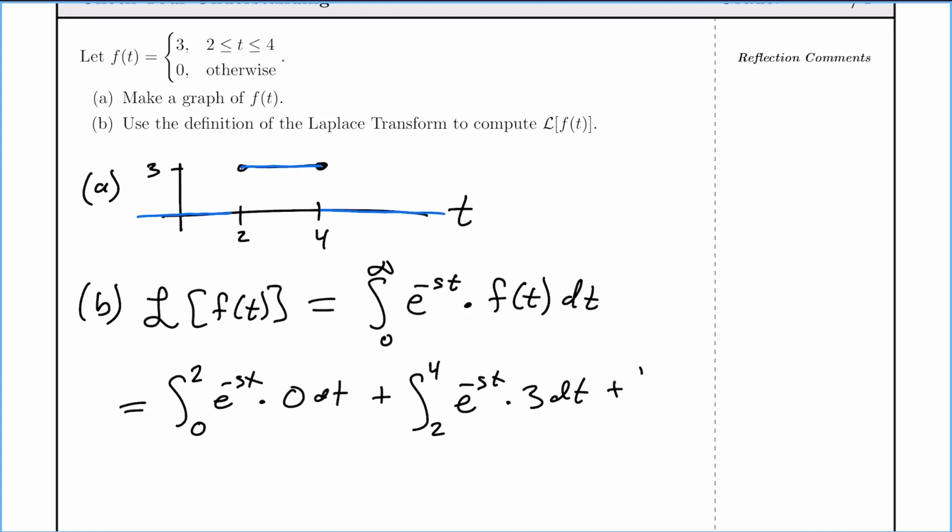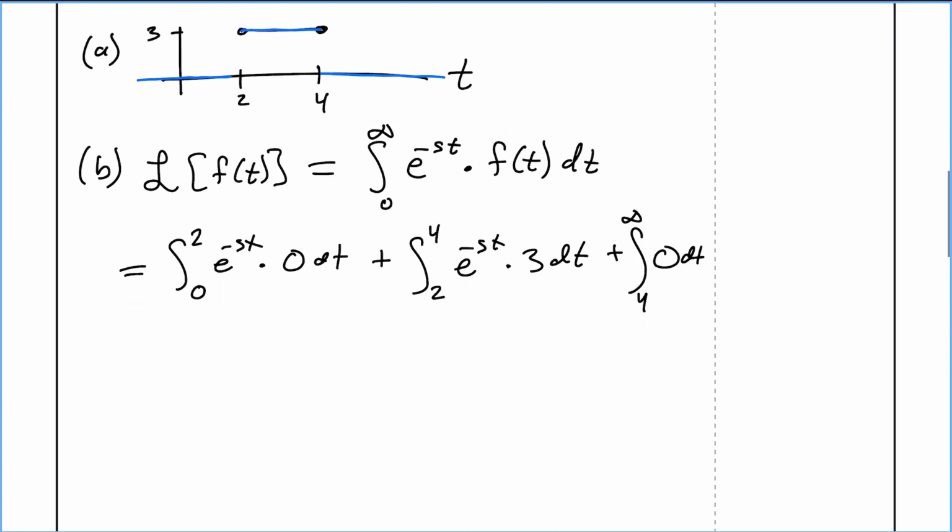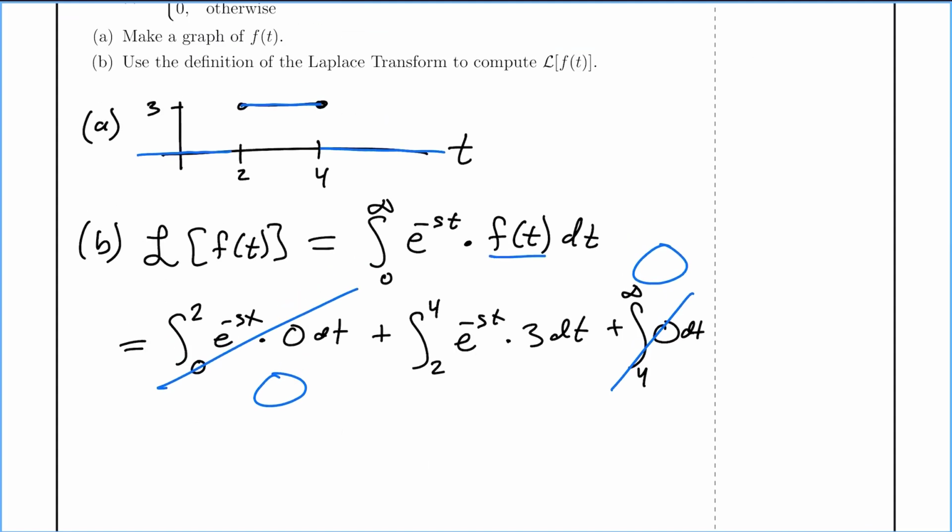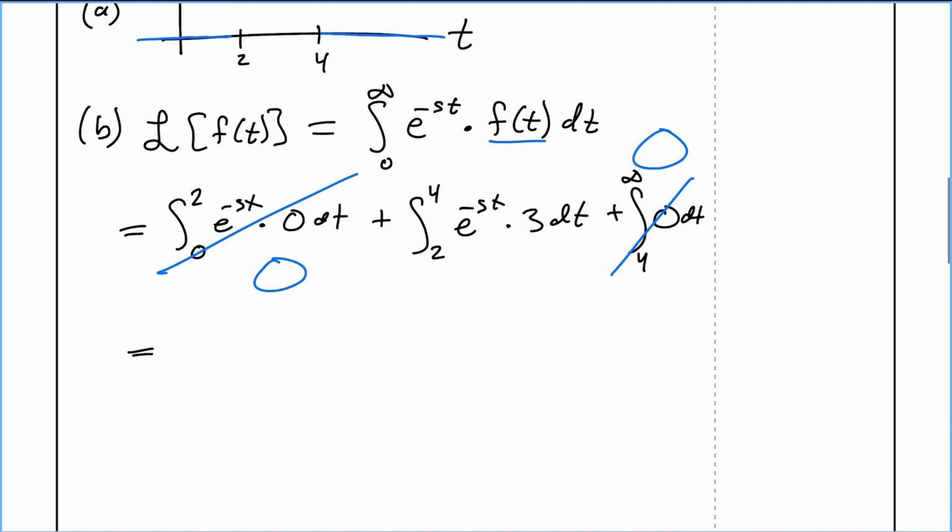And then between 4 and infinity, again, it's going to be 0 after that. And so these two integrals are just 0, basically, right? Because the f is 0 on those intervals. So this just leaves us with, if we simplify, we can factor out the 3. 3 times the integral from 2 to 4 of e to the minus st dt.